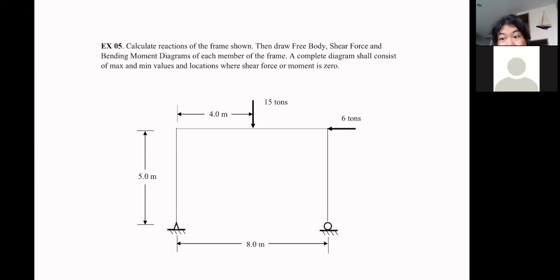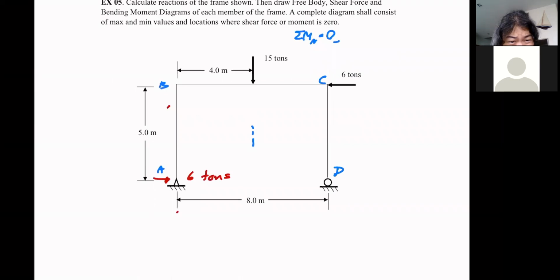Professor, your screen is frozen. Oh, really? So you don't see my screen? I can see example number 5. Okay, so there's some complaint from the chat as well. Can you see the screen or not?